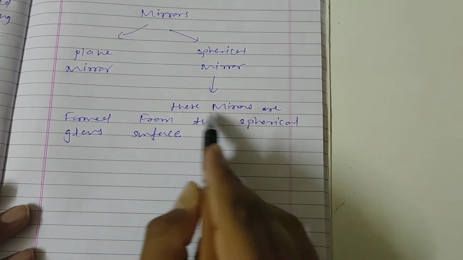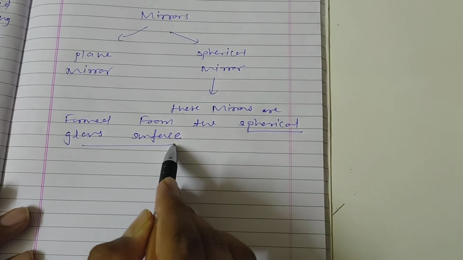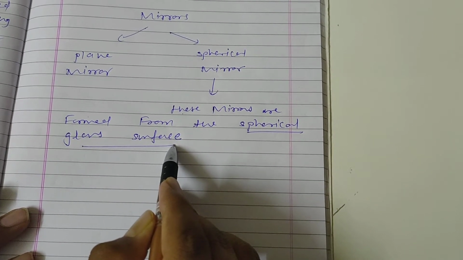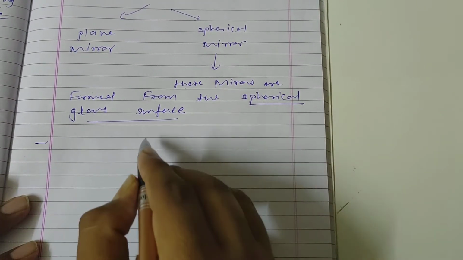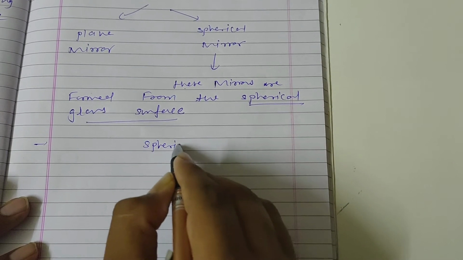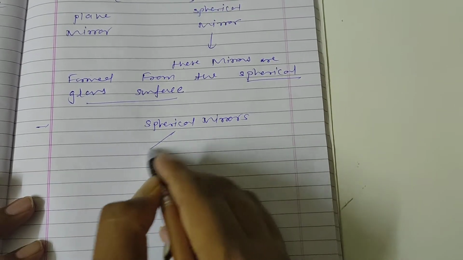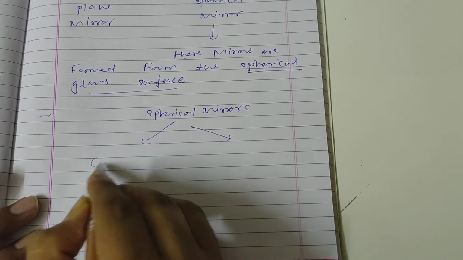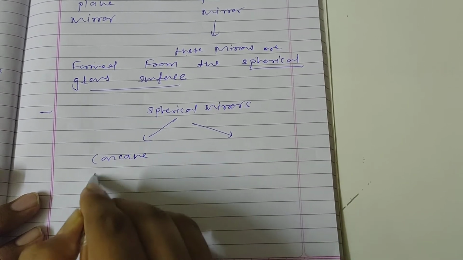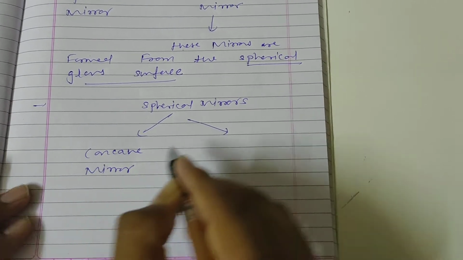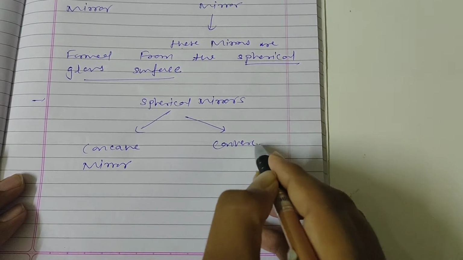They are formed from the spherical glass surface, and spherical mirrors are classified into two categories. First one is concave mirror, second one is convex mirror.